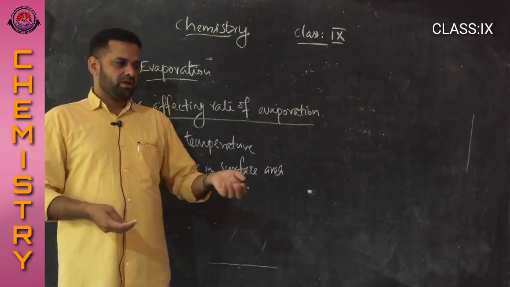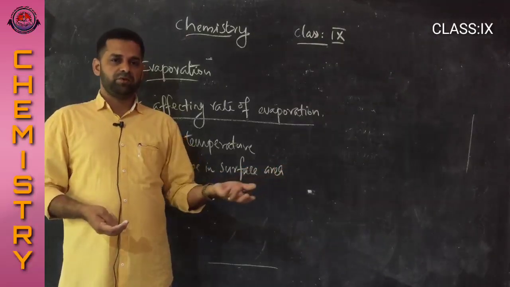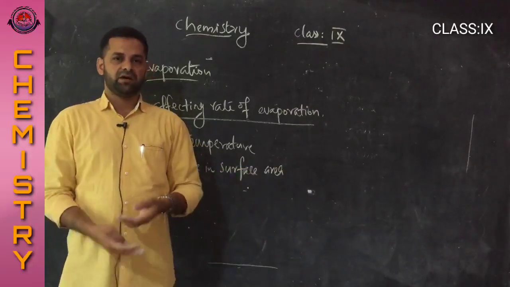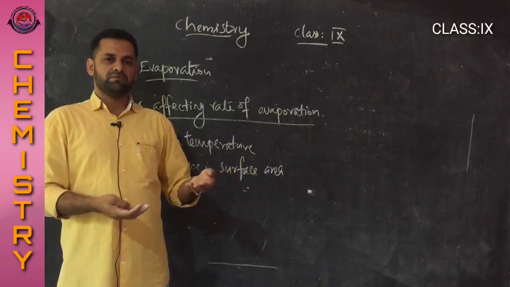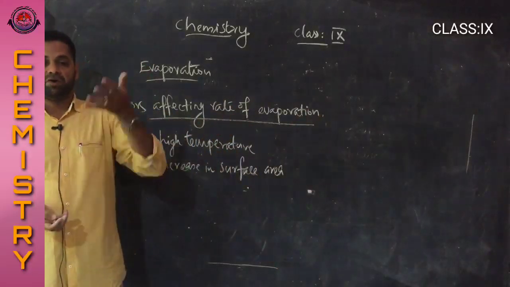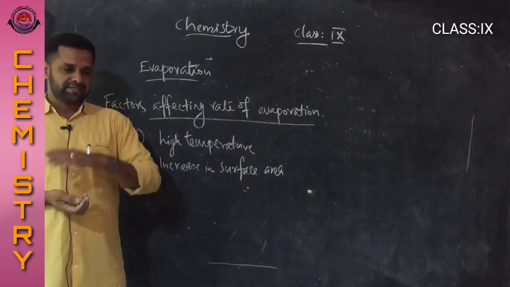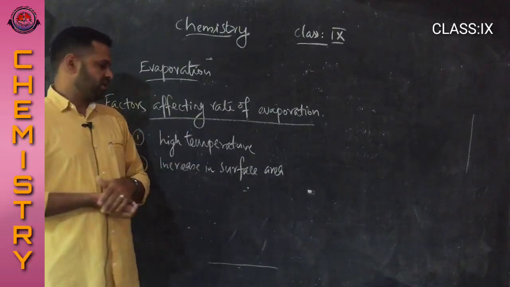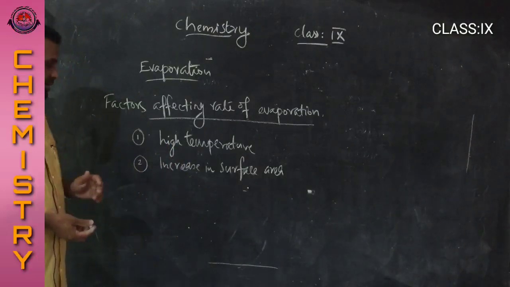At that time it will dry easily, because we are providing more surface area to dry. That is why it will evaporate easily. So as the surface area increases, the rate of evaporation also increases.